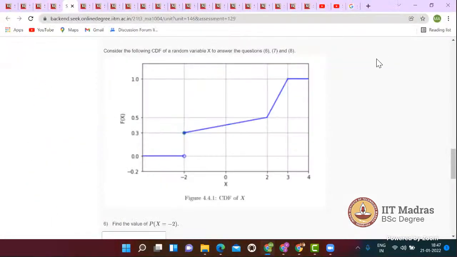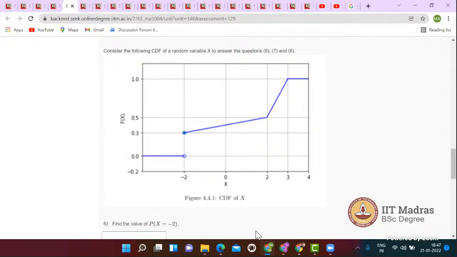Wait, I'll just write. The equation of the line you're finding is incorrect. What's the equation of that line? y2 minus y1 upon x2 minus x1 is the slope, right? Consider this as the x axis and this as the y axis. What's the point here? We are having 2 comma 0.5, right? And here we are having 3 comma 1.